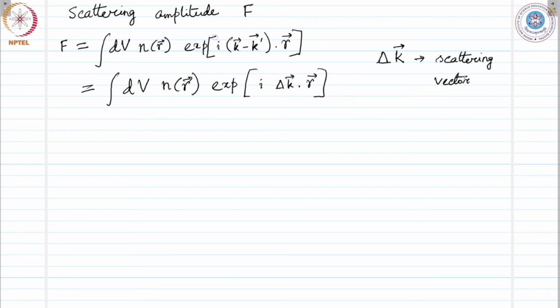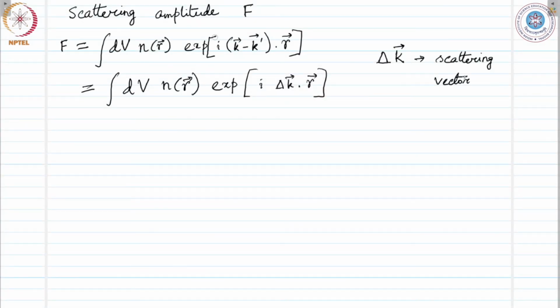Now we introduce the Fourier components of n(r). So n(r) is here the local electron density, but in a periodic crystal, it is also a periodic function. Therefore, the same kind of Fourier series that we have discussed earlier is applicable for n(r) as well.